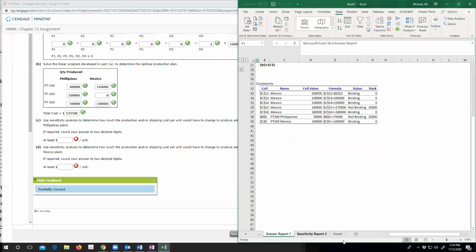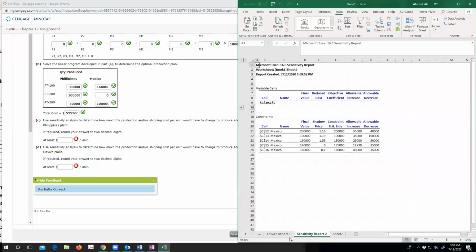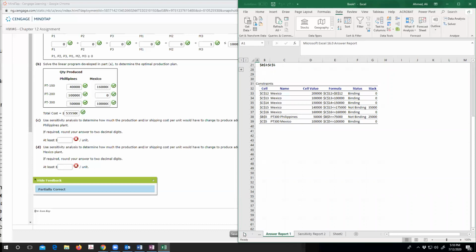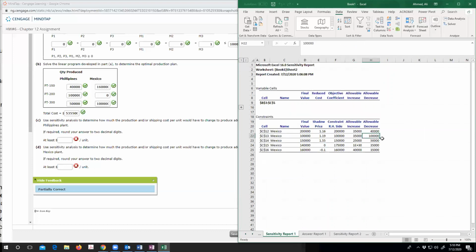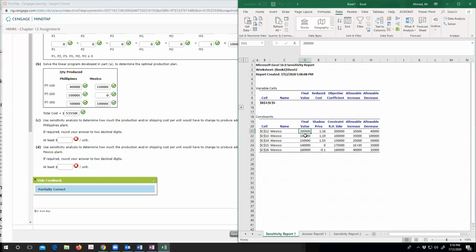Hmm, this is our sheet. So we did a cost here, and we really cannot change the cost overall because we're not changing the shipping cost. So this is our total final value. They're talking about our Mexico value.